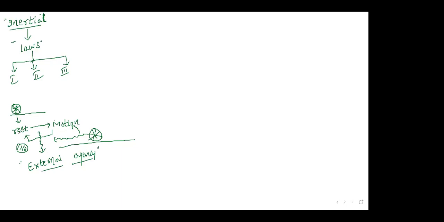If the body is continuously at rest, in order to change it to motion, you require an external agency. Similarly, when the body is in continuous motion, the body can be brought to rest by using an external agency. That external agency is what we call the force.